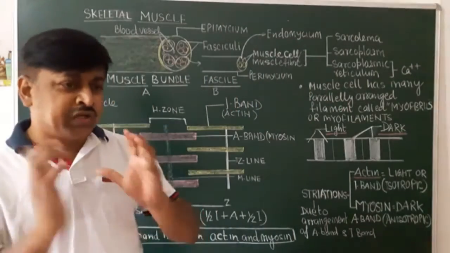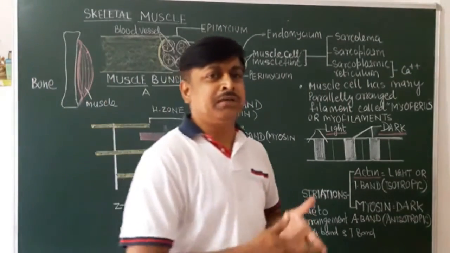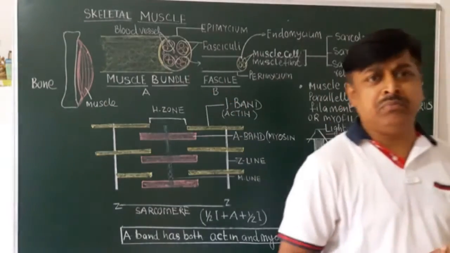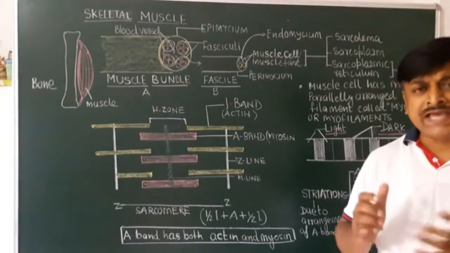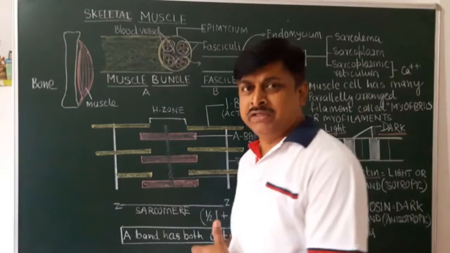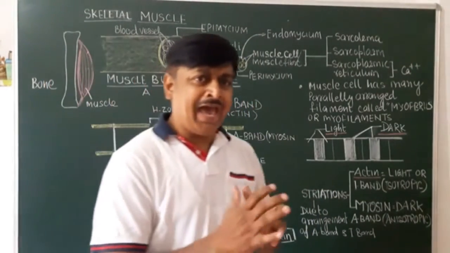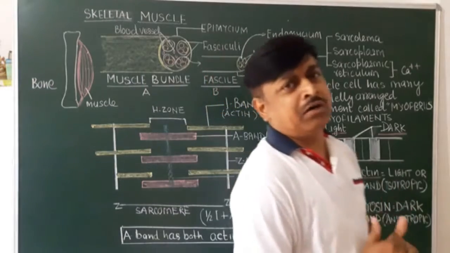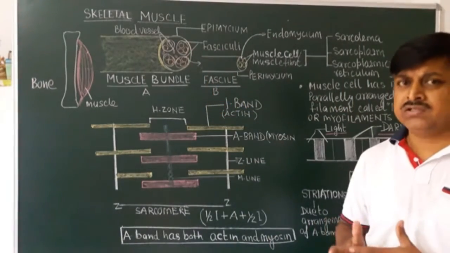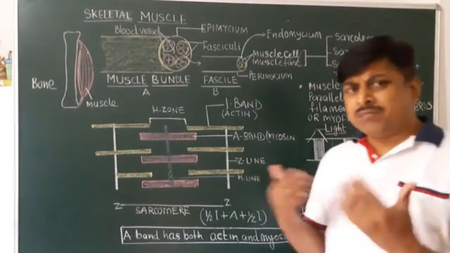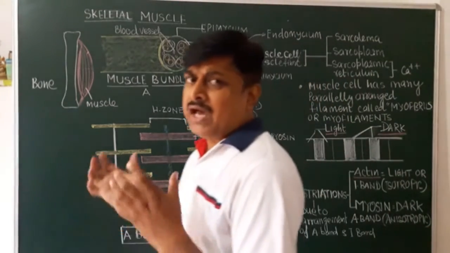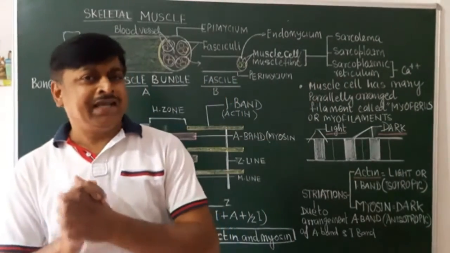Student, today's video lecture is totally based on a very important topic of the chapter locomotion and movement. In this chapter, we have covered the structure of the three types of muscles. The basic information related to this chapter I have already given in lecture number 1.